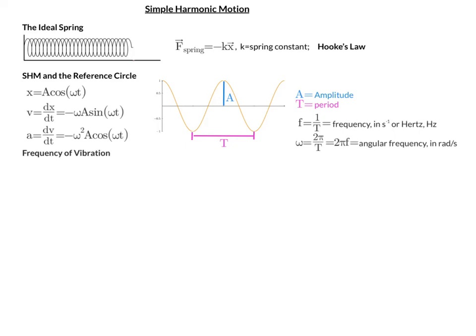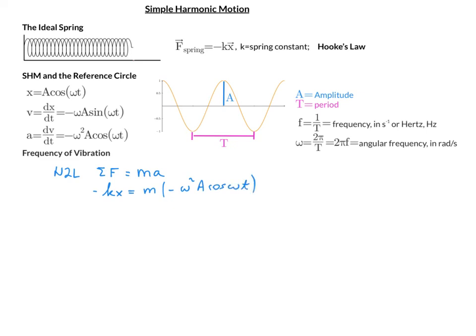So how about we now derive the frequency of vibration? By Newton's second law, we know that the sum of the forces acting on an object that's oscillating back and forth, just like the car, is equal to mass times acceleration. The force that acted on the car was the spring force, so that was negative kx, and that's equal to mass times the acceleration that's given in here, negative omega squared A cosine omega t.